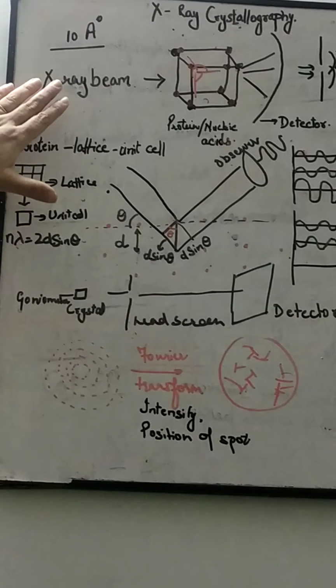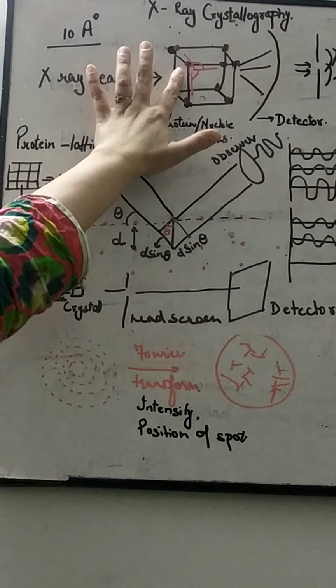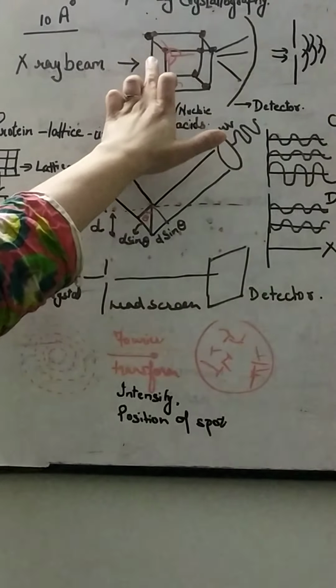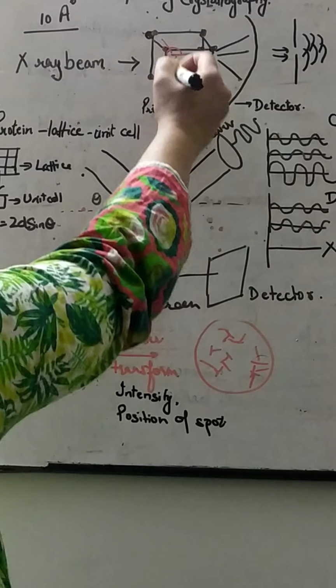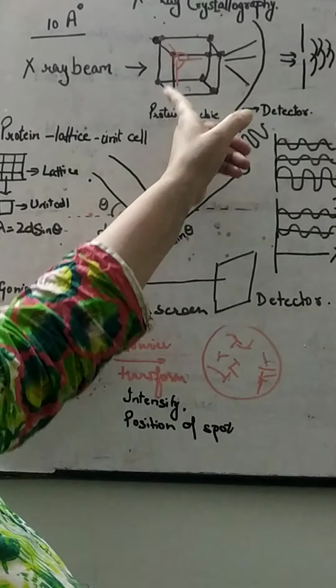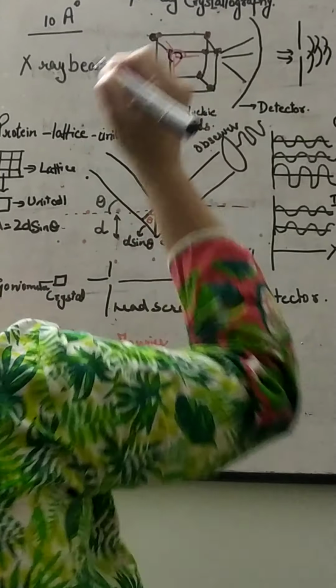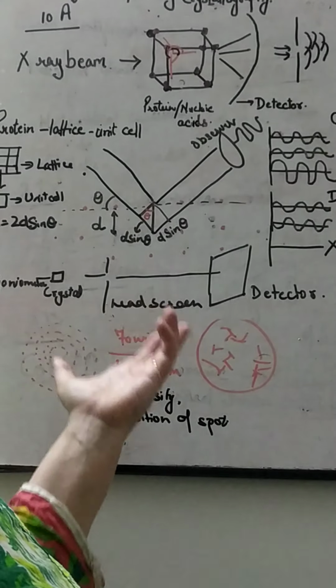Whenever we have X-rays, they will be falling on this crystal. Each crystal is made up of unit cells, as I told you, and each unit cell has certain important dimensions. For example, three-dimensionally, three sides A, B and C, and secondly, each side has specific angles. Now, crystals are of different types based on these dimensions.